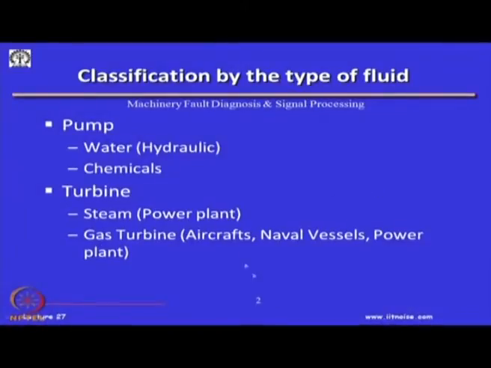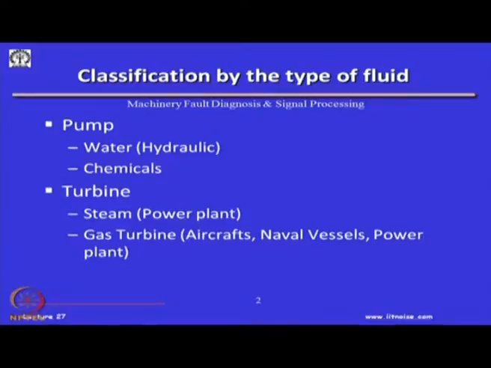Another important machinery which we will study in this course are turbines. Usually turbines, again by the type of fluid, will have two types. One is the steam turbine, which is there in almost all the land based thermal power plants in our country. Of course, we have the hydel power plants, where we have hydro turbines like the Kaplan or the Francis turbine, or even sometimes the Pelton wheels.